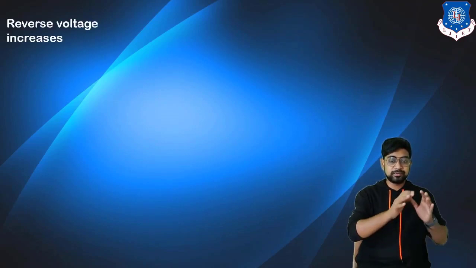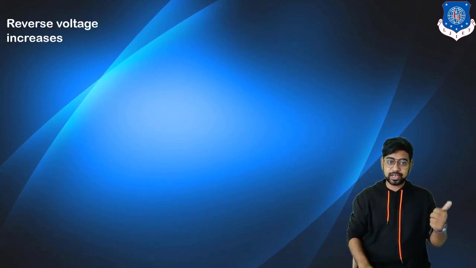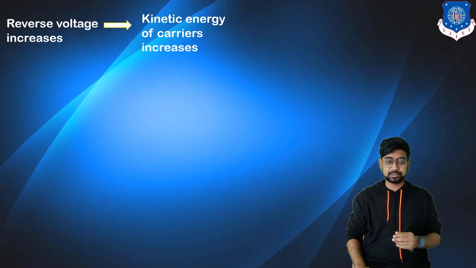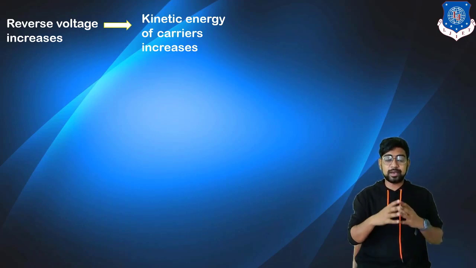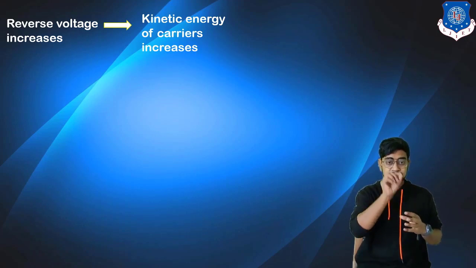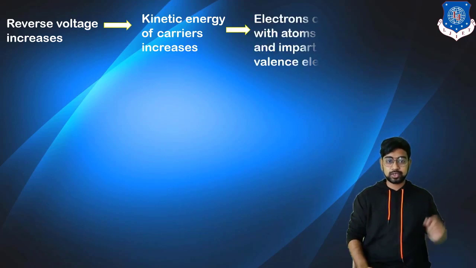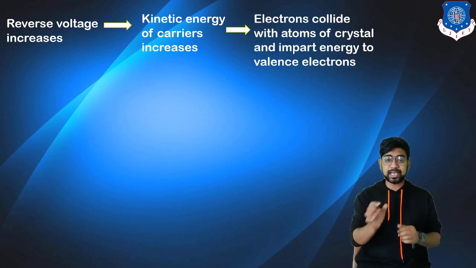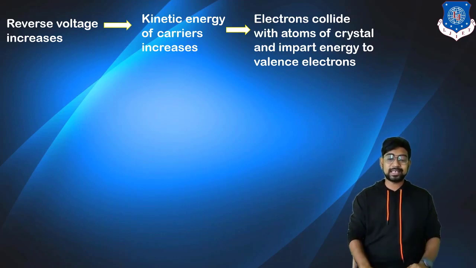Now let's conclude. First, we increase the reverse voltage, and because of that, the kinetic energy of the carriers increases. The carriers we are talking about in the P type, for example, are electrons. As they move, the electrons collide with the atoms of the crystal and impart energy to the valence electrons.